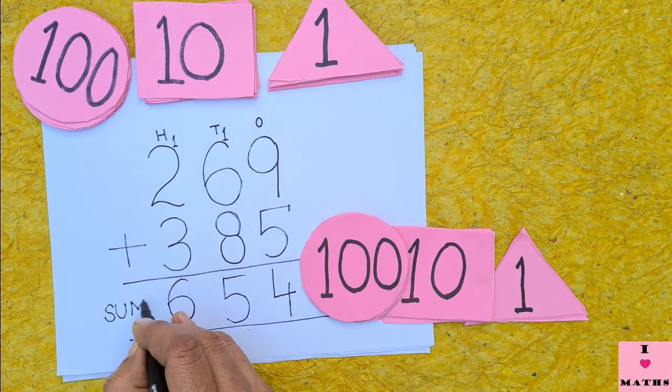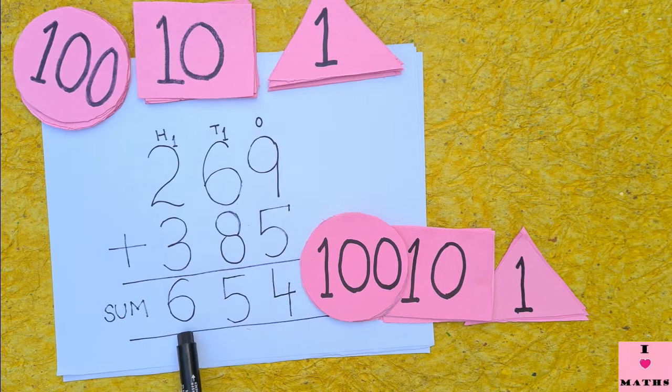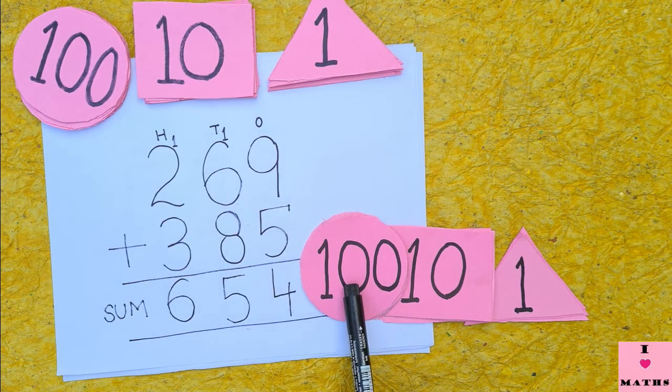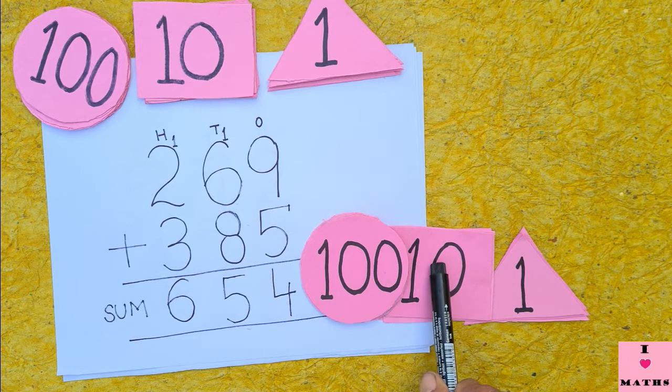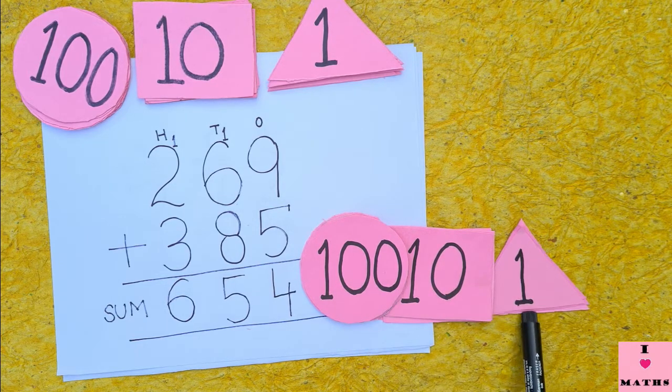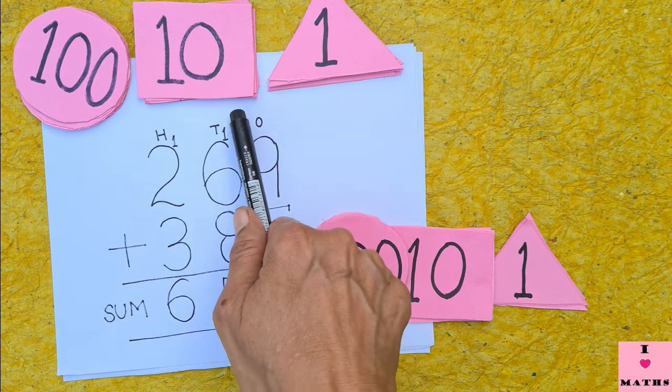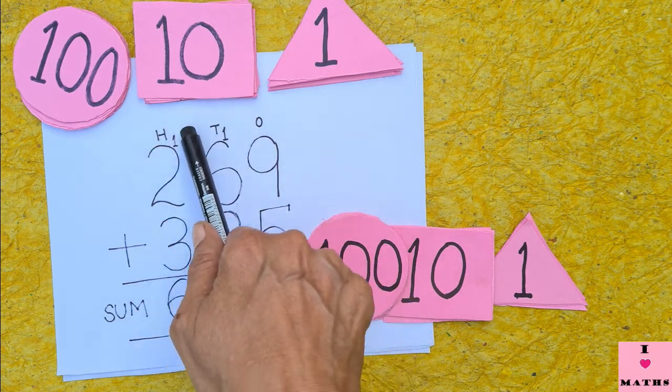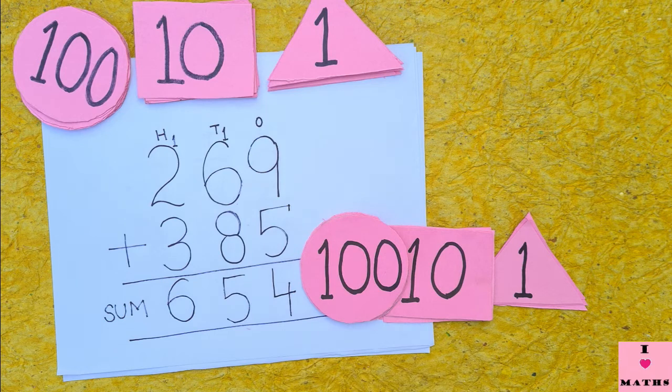So our sum is 654. So we have 600 cards, 5 ten cards and 4 ones cards. So this makes 654.